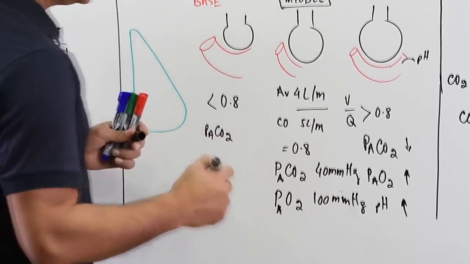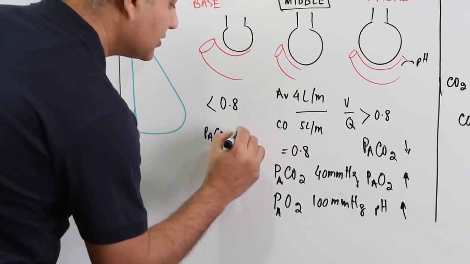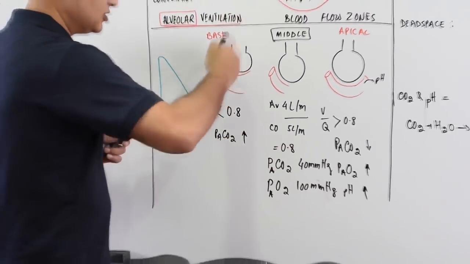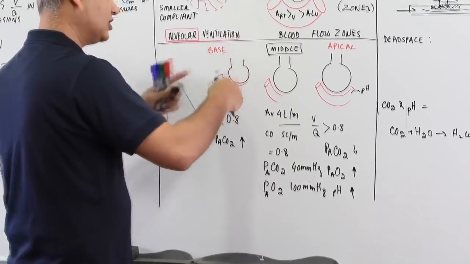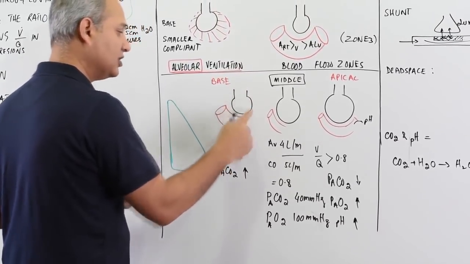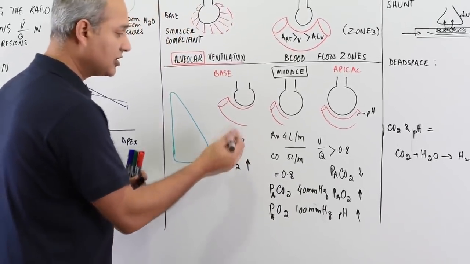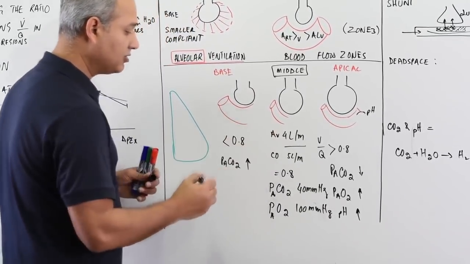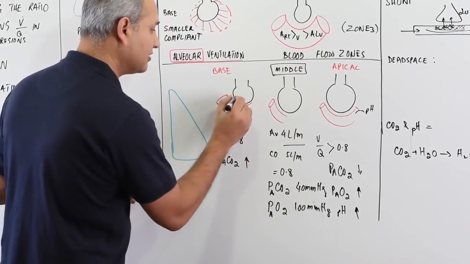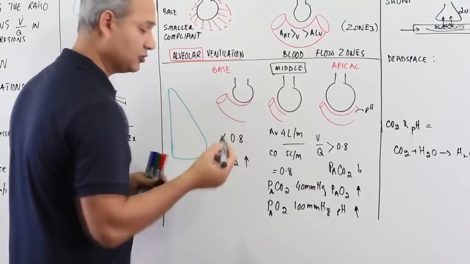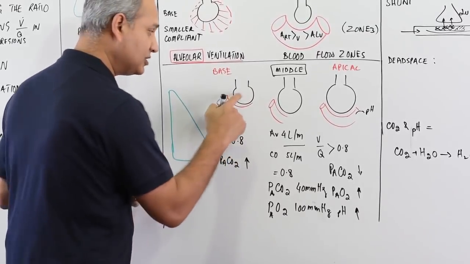So here we have the shunting going on. PaCO2 would come in, there is not enough gaseous exchange happening because the alveolar surfaces or alveoli are not sufficiently available. So carbon dioxide that would come in would go out. Similarly, the carbon dioxide will be sticking here as well because more blood has given PaCO2. So PaCO2 levels would increase.